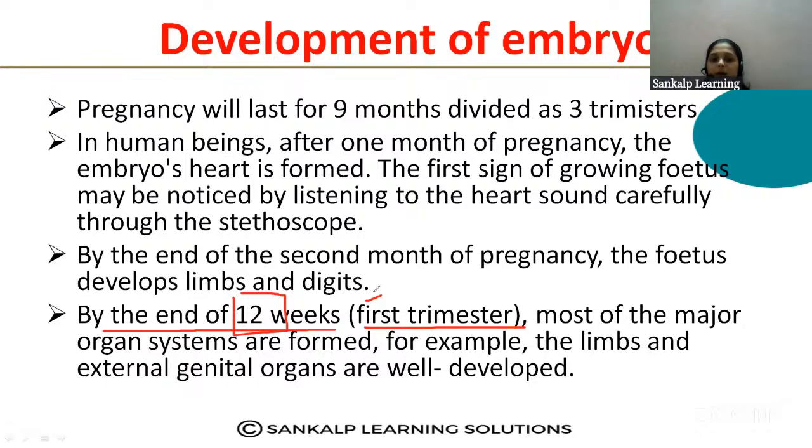In the completion of the first trimester, most of the major organ systems are formed. For example, limbs and external genitalia are well developed. This is the third important point.